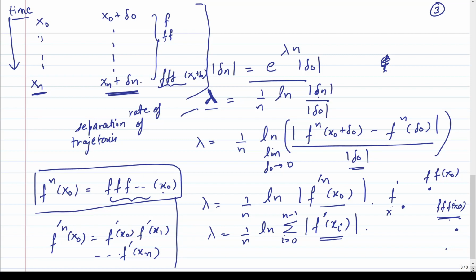This would be giving me x0, this x1, this x2, and so on till x of n minus 1. So that is how I quantify the Lyapunov exponent of the system. I just write it out here, where xi is x1, x2, up to xn minus 1, and xi is nothing but the ith iterate of the map applied to the initial condition.